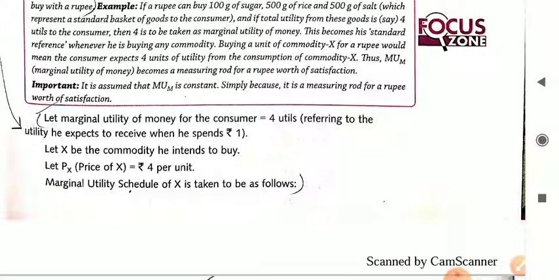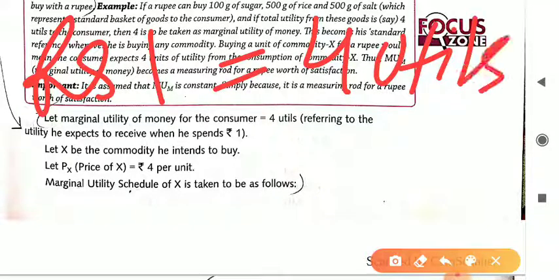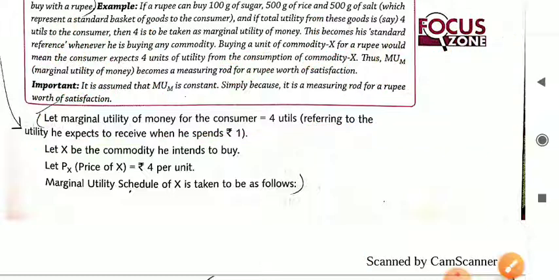It simply means when you spend rupees 1, you will receive 4 utils. Utils is the unit of measuring utility. So when you spend rupees 1 on a commodity, the utility which you receive from the commodity is 4 utils.